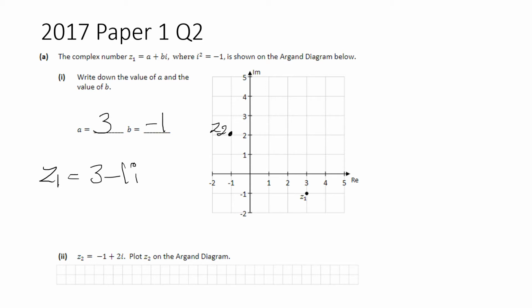So that's my point there. I went minus 1 on the real, and I went up 2 on the imaginary. It's always really important that you label it or you won't get the marks. Plotting them is 5 marks, and the first part here was 5 marks as well.